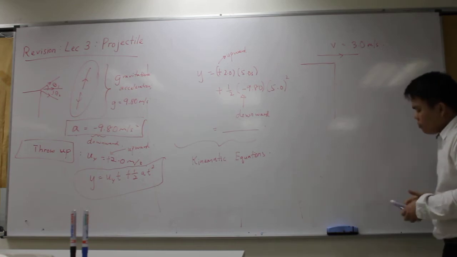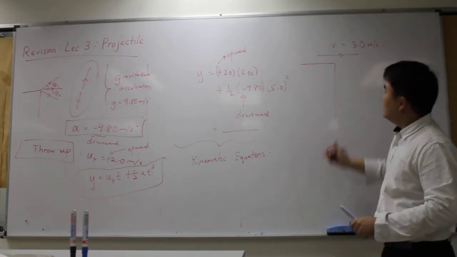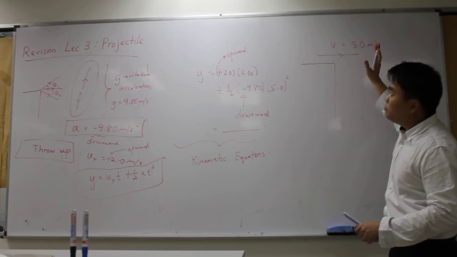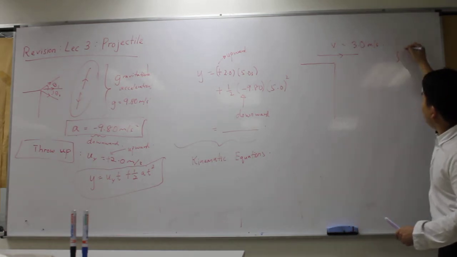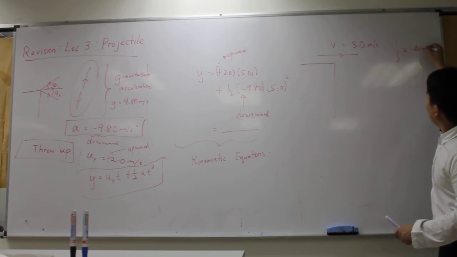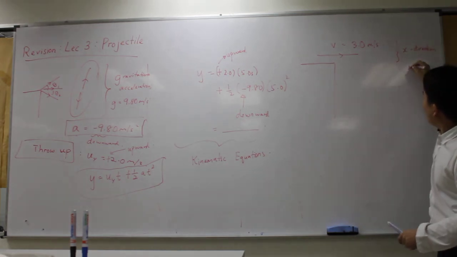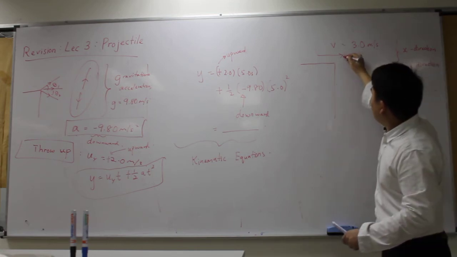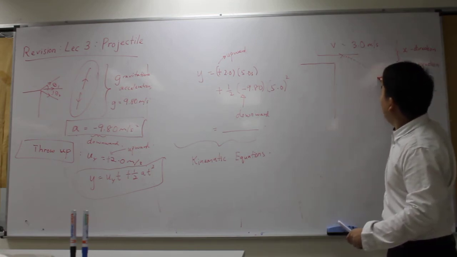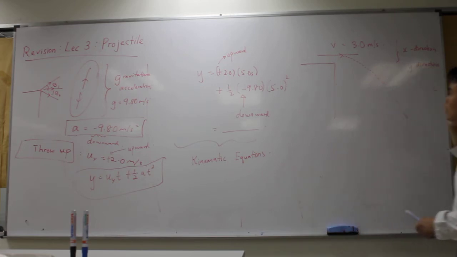To make it clear, we can resolve it into two parts: the x direction and the y direction. And logically, the projectile path should be a curve like this.